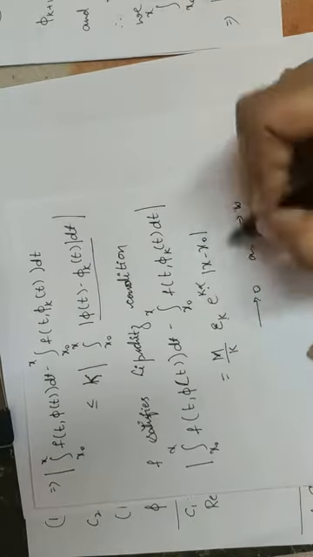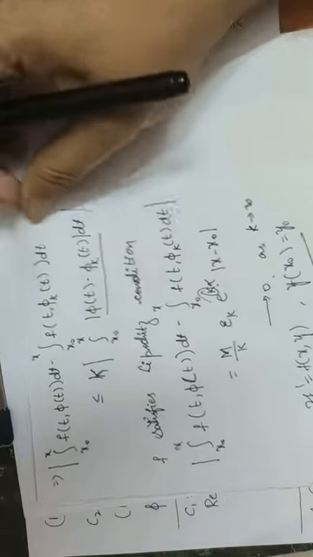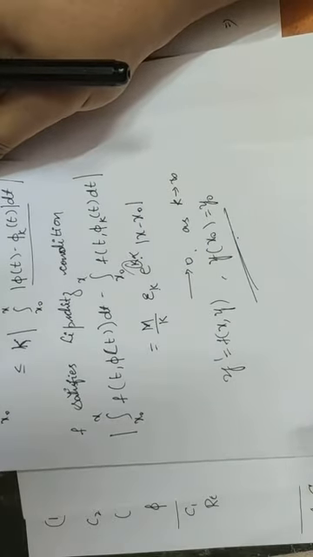Now this whole term tends to 0 as k tends to infinity, right? So that means phi is a solution to the initial value problem, that is y dash is equal to f of x comma y and y of x naught is equal to y naught. So the first main part, the existence of solution, is over.